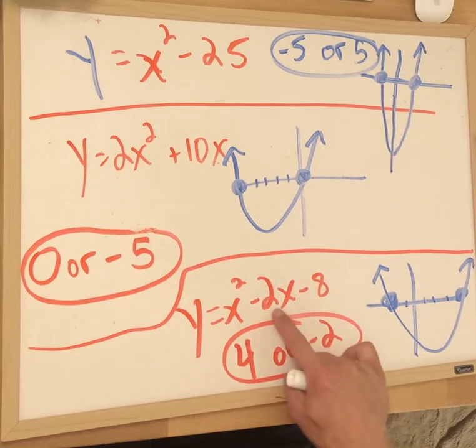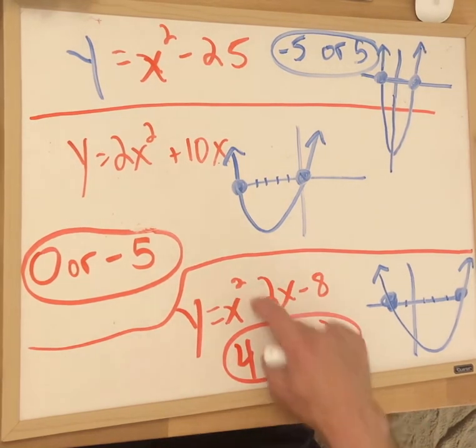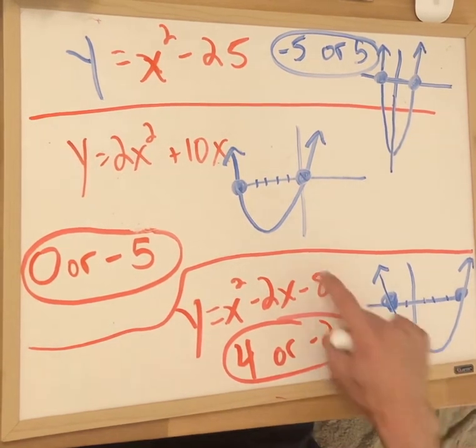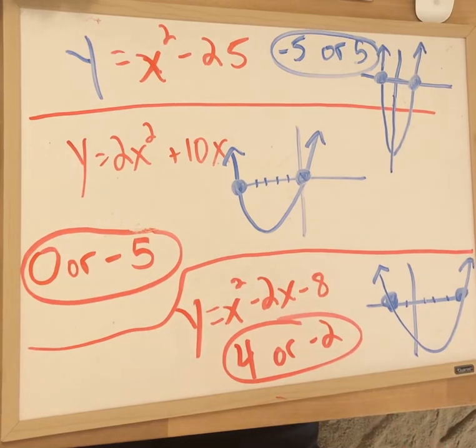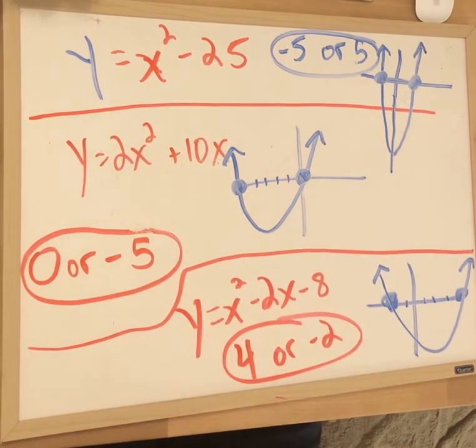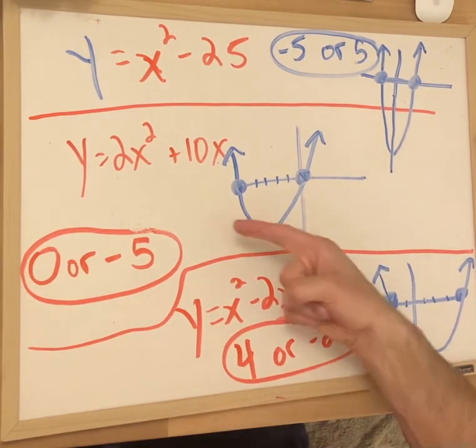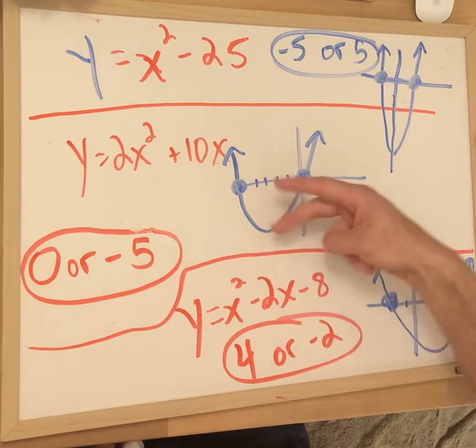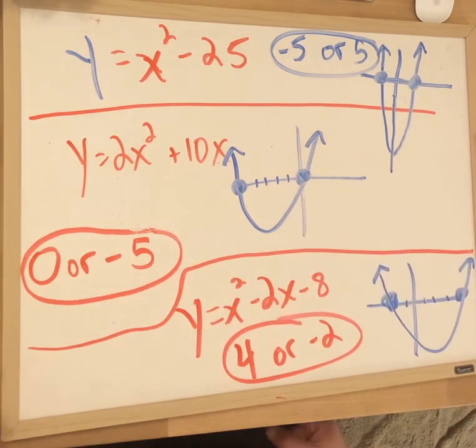So you can have a question like this, and it's going to say, find the roots of this, or find the zeros of this quadratic, or find the solutions of this quadratic, or find the x-intercepts of this quadratic. 4 different words or ways to ask you to do the exact same thing. Factor it, set it equal to 0, and solve for your x, or whatever the variable is.